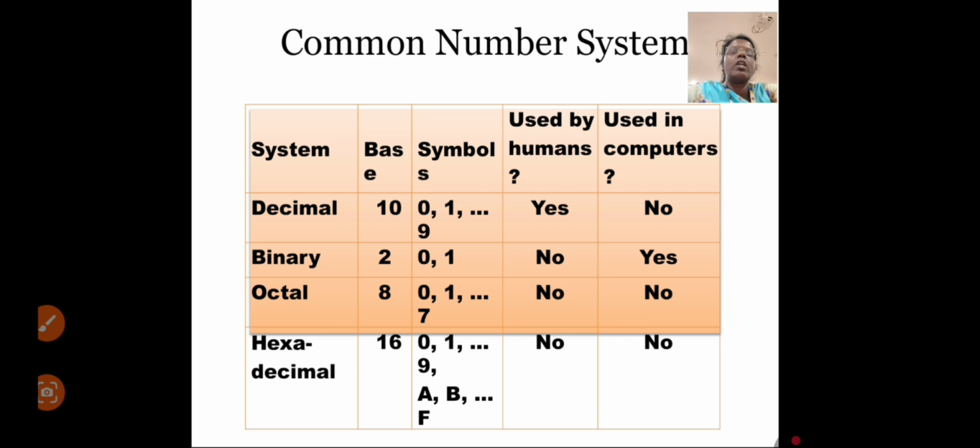Those symbols are 0 to 9 and the alphabets A to F. So, this is an alphanumeric system because it has decimal digits as well as the letters A to F. So, these are the commonly used number systems.